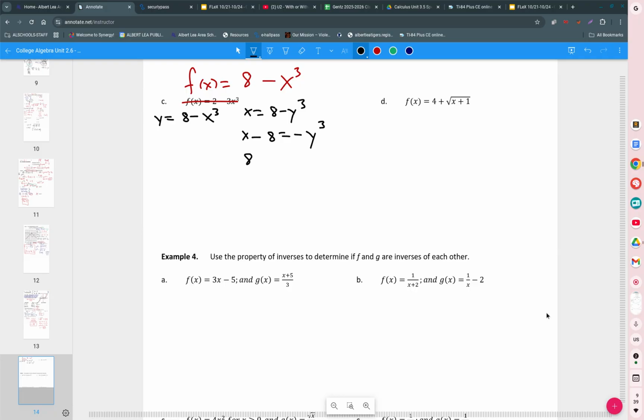So I get a positive 8 minus x is equal to y cubed. And then? Not square root, but cube root. Yeah, or did you say third root? Sorry, Ebby. And I get y is equal to the cube root of 8 minus x.